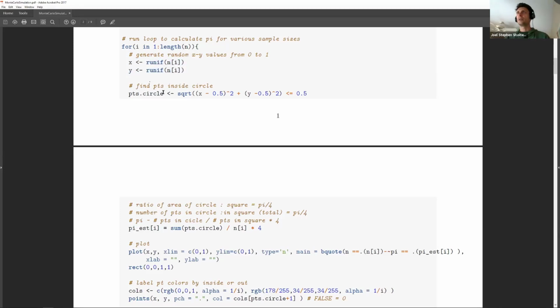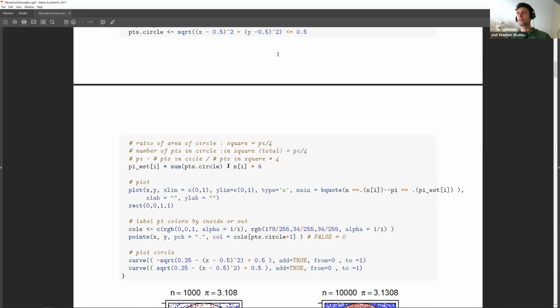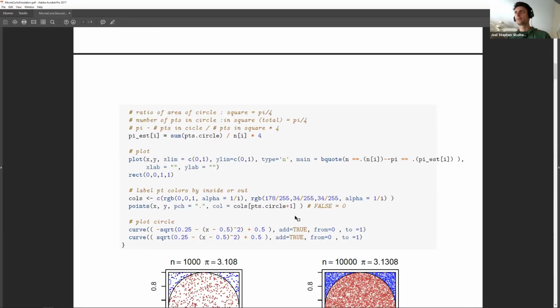Then I identify which points are within the circle by comparing the xy coordinates with the distance from the origin of 0.5, 0.5. I get true and false for that. Then I just sum up the points that are in the circle, divide that by the total number of points, which is all the points in the square, and multiply that by 4.